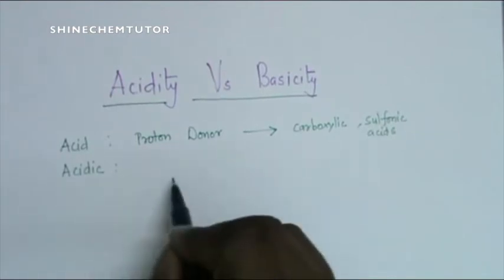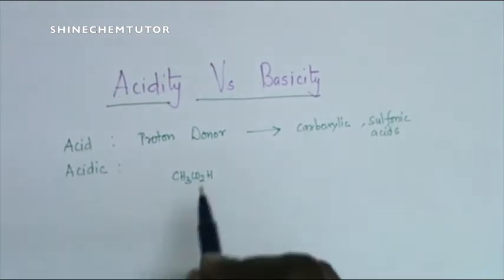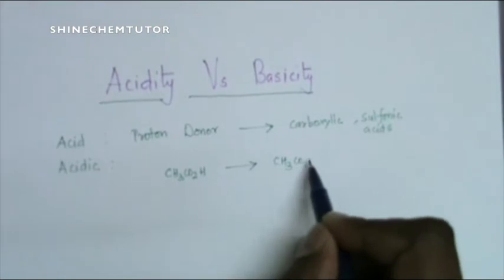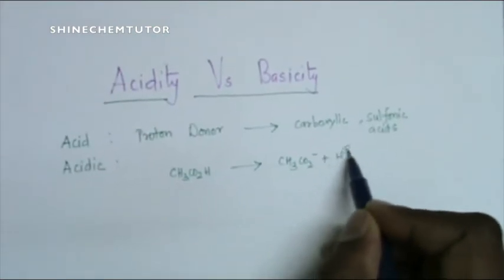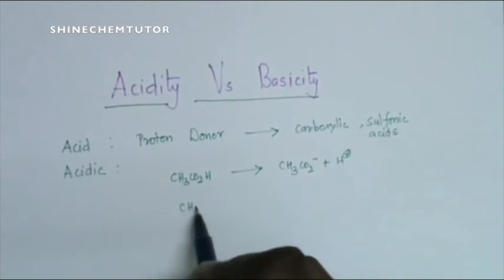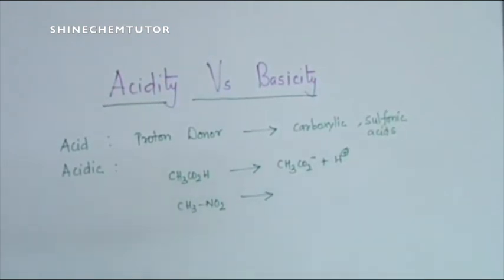For example, if you go for acetic acid, this proton will be released in water. So it is an acid. When I go for nitromethane, if I dissolve it in solution, this H+ will not be released.